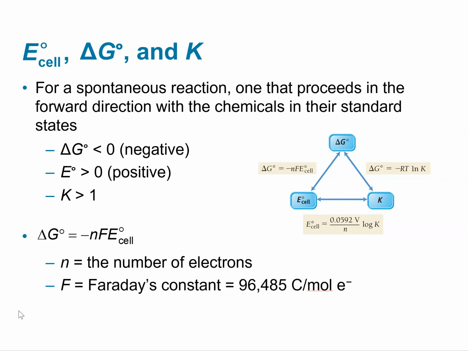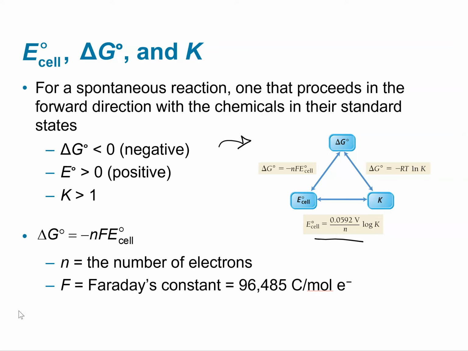That's what we're looking at over here on this triangle, where we have G related to K, related to E, related to G. Conveniently, we have equations which give us the ability to move between these in one step. It's not unusual to not memorize the bottom equation that I just underlined, relating the potential of the cell to K directly.